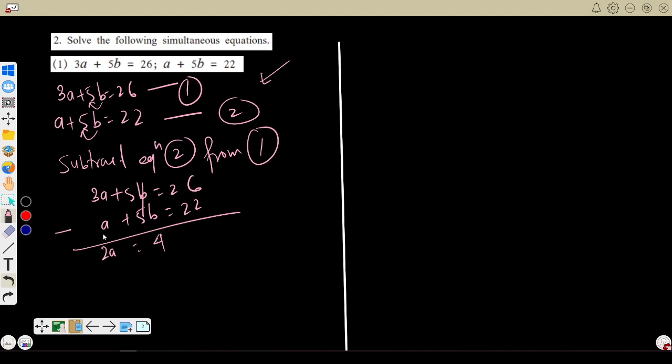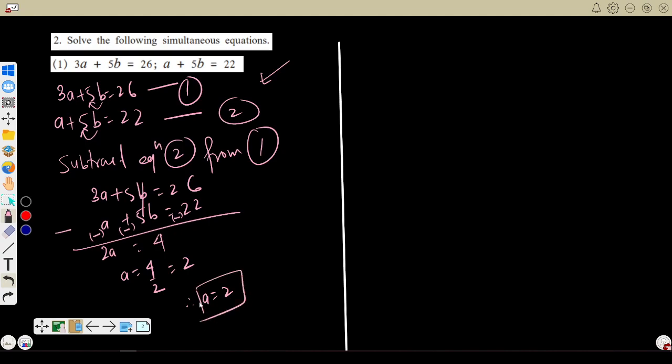Acha, one more thing. What we do is if I subtract the equations, we change the sign. Here plus a will be treated as minus a, plus 5b will be treated as minus 5b and plus 22 will be treated as minus 22. Now solving this further, a is equal to 4 divided by 2, which will be 2. Therefore, in this particular equation, the value of a turns out to be 2.